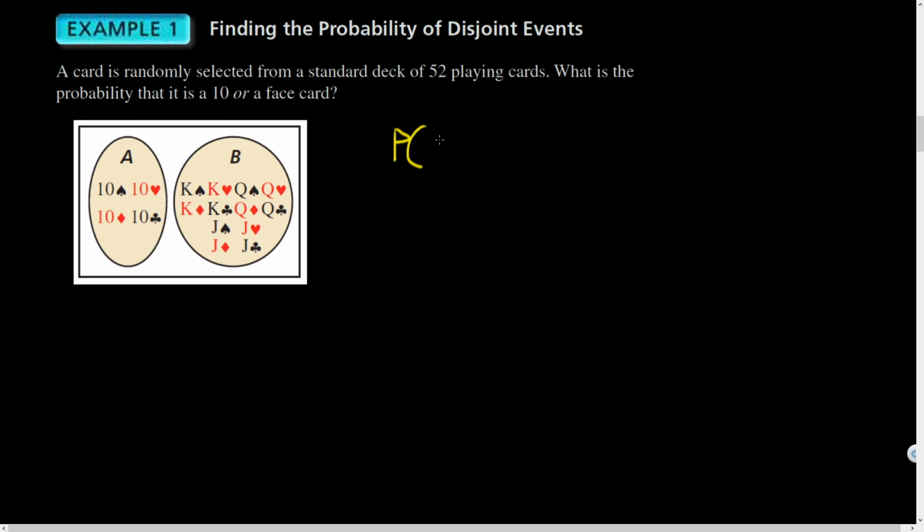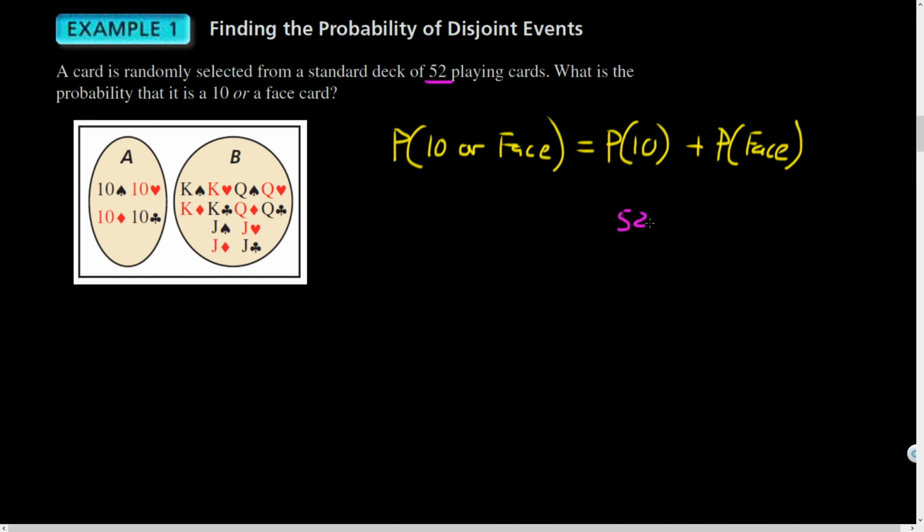Let me write it this way: 10 or face. Because there's no overlap, there's no 10s that count as face cards, I can just simply figure out the probability of getting a 10, and add that to the probability of getting a face card. There's 52 cards total, so that's my possible space. There are 4 ways I could get a 10, and the number of face cards is 3 groups of 4, that's 12.